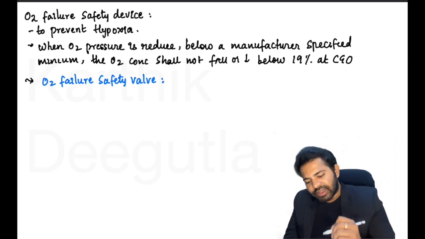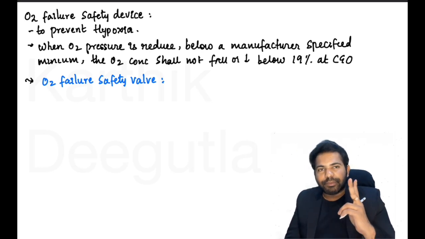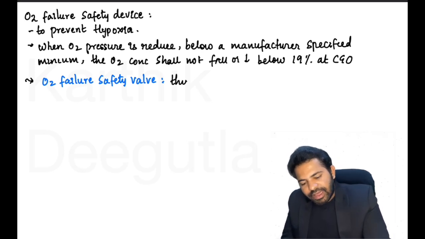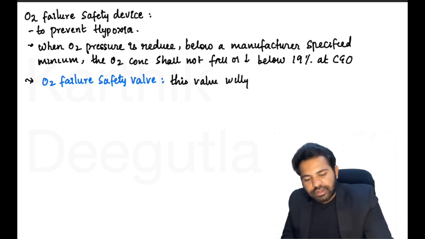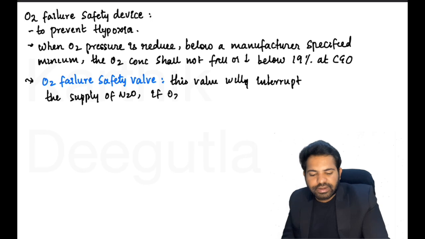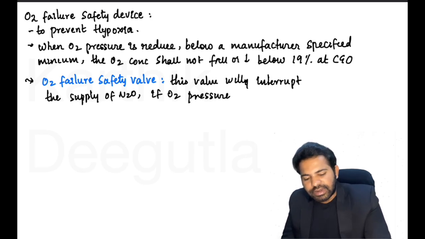So this valve will interrupt the supply of nitrous oxide, N2O, if oxygen supply pressure decreases. Clear?